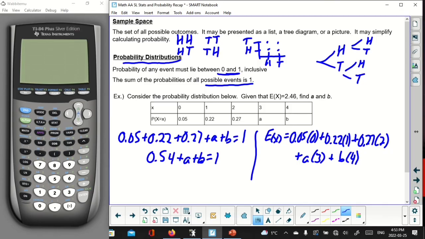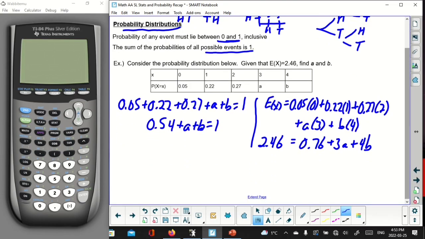And now I can put all that stuff together. So 0.22 times 1 is 0.22, plus 0.27 times 2, that's 0.54. I'll just put them together here. That's 0.76 plus 3A plus 4B. And we know that that expected value is 2.46.